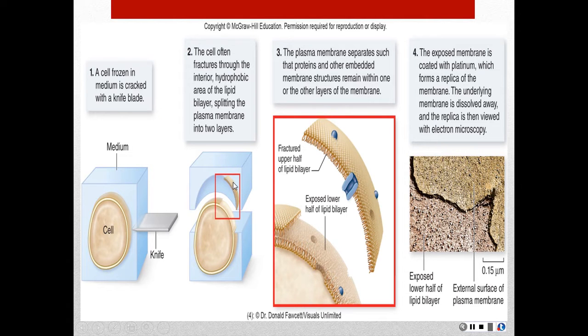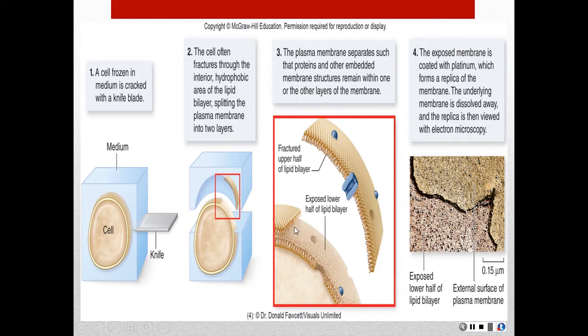You'll see the hydrophobic area of the lipid bilayer. It's splitting the membrane into two layers. When we get a closer look at the layers, you see that the plasma membrane is separated so that you're able to see the second half of the lipid bilayer.